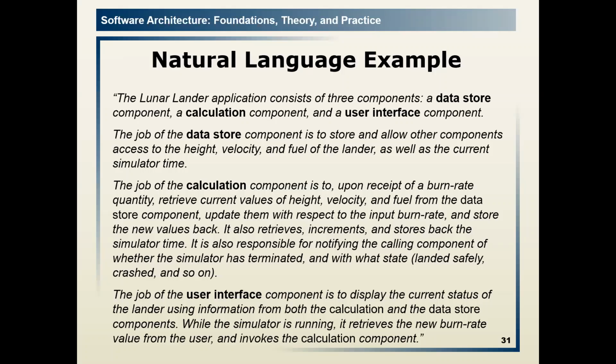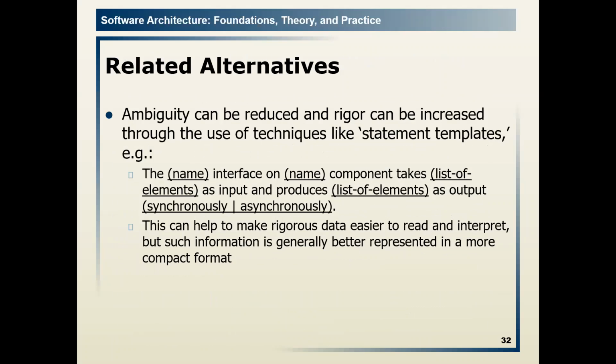The advantage here is that the non-functional requirements can be clearly stated, right? So you have to appreciate the good while being aware of the disadvantages here. Then there are a few related alternatives to natural language. One is for the ambiguity. We can reduce the ambiguity by following statement templates.